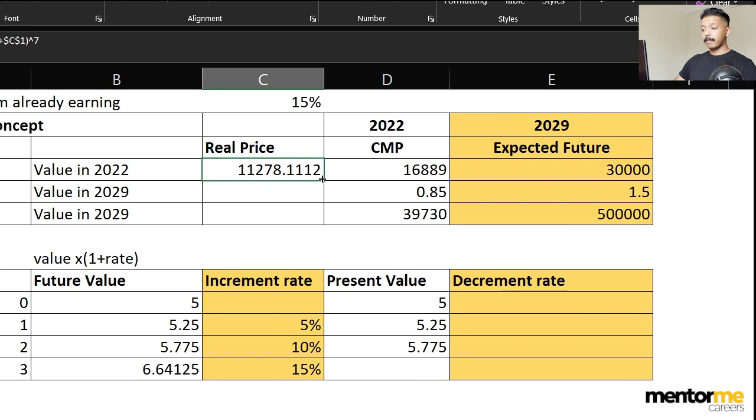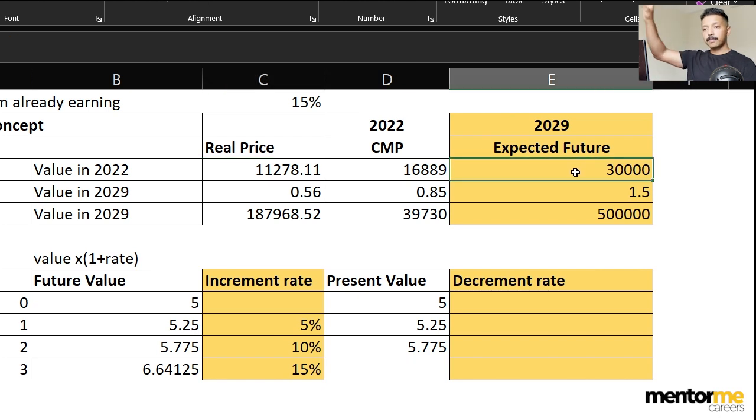If I put the formula down for all the assets, then if 15% is the rate of discount, even if the future is 30,000, my assumption of the present value of this asset should be 11,278 in case of Nifty 50.